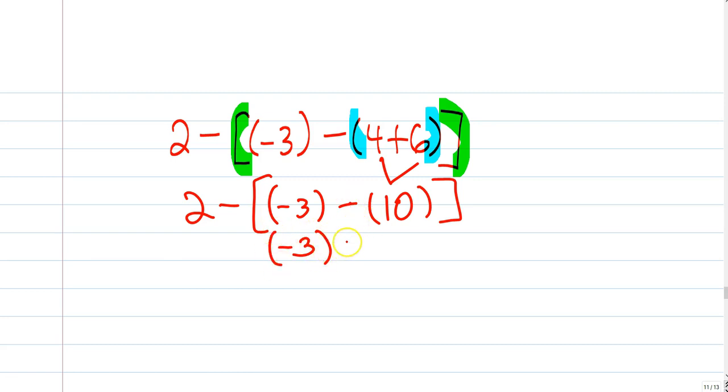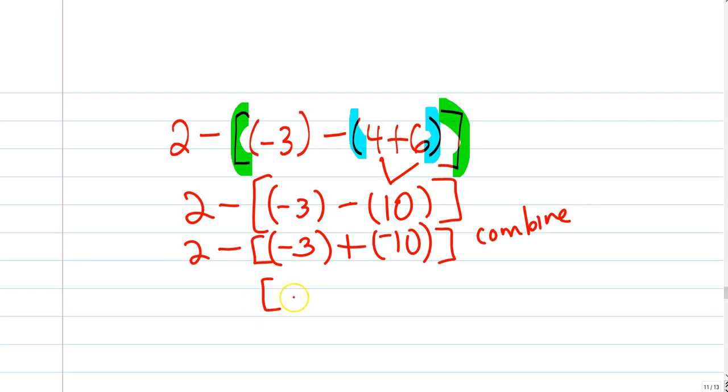And then I change it from subtracting to adding the opposite, negative 10. So negative 3 minus 10, in my mind, is the same thing as negative 3 plus negative 10. That's easy. I can do negative 3 plus negative 10. 3 negatives and 10 negatives, since they're the same sign, give us 13 negatives.